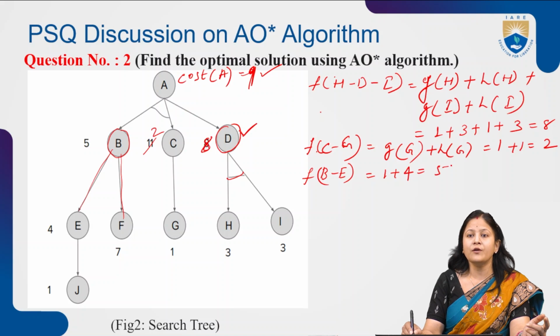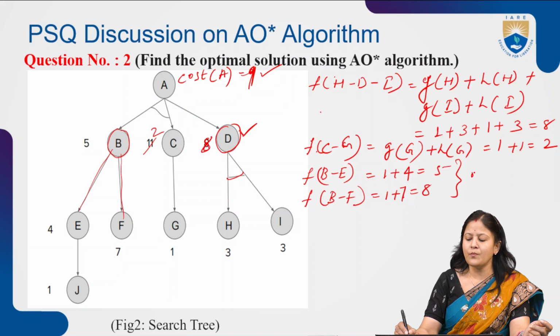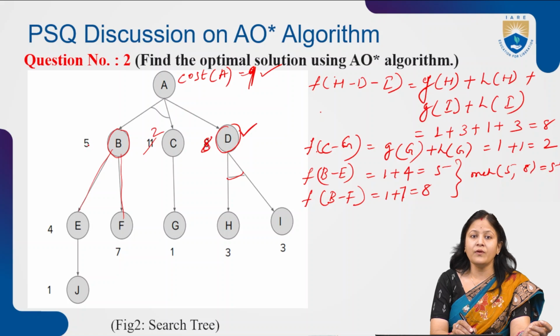So 1 plus 4 becomes 5. Similarly, the cost of B to F is 1 plus 7, it becomes 8. So now you find out which one is the minimum. Minimum between 5 and 8 is 5. What was the heuristic value before for B? It is given as 5. So no need to change.